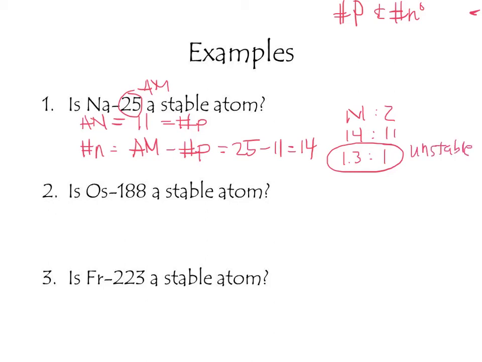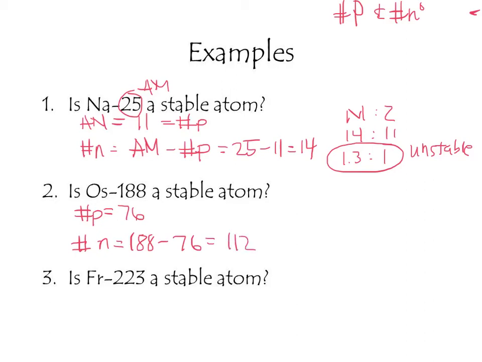If we look at the next one, it says osmium 188. Osmium 188 has an atomic number of 76, so the number of protons equals 76, and the number of neutrons would be 188 for the atomic mass minus 76, the number of protons, and that gives you 112.